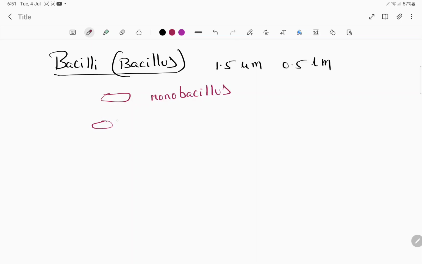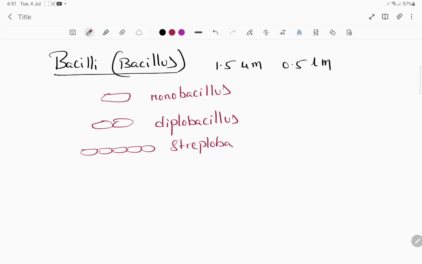If it occurs in pairs, diplobacillus. If they occur in a chain, streptobacillus. If they occur as layers, palisade bacillus.